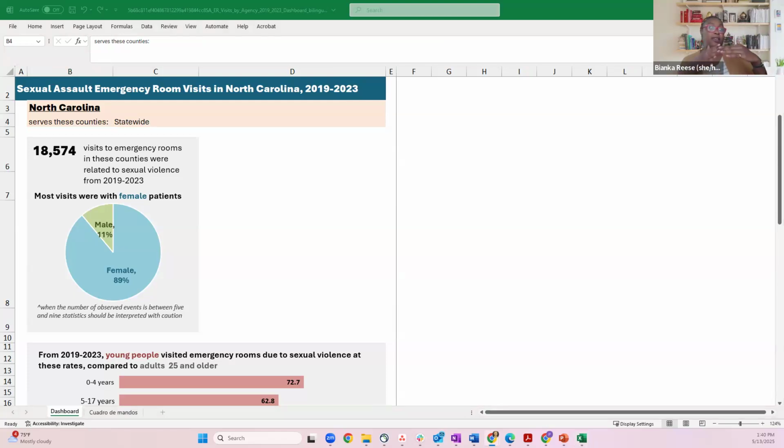We want to see trends over time, and these are the last years of data that we have so far. It combines 5 years of data, from the full year of 2019 all the way through the full year of 2023, into a single time period, which we think offers a clearer picture of more recent patterns of people who are most likely to seek emergency care after sexual violence.